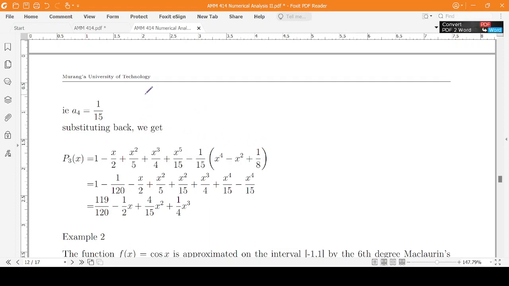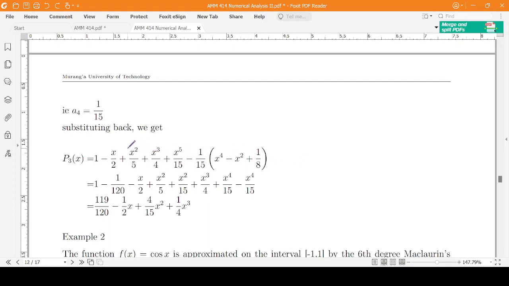And now the first term will be 1 minus 1 over 15 times 1 over 8, which is 1 over 120. The next term we have is minus x over 2. We don't have x to the power 1 in the Chebyshev term, so that term will just remain x over 2.